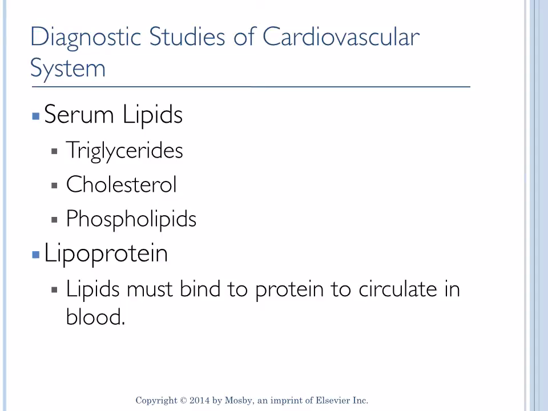Now this is about serum lipids, and it is also showing lipoprotein. This slide and the next slide both are important for you. Serum lipids consist of triglycerides, cholesterol, and phospholipids.